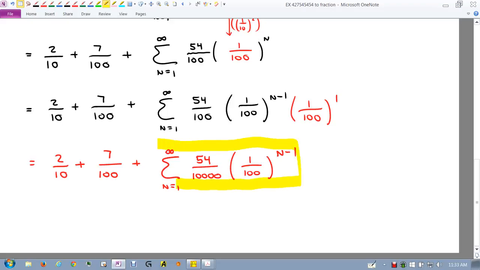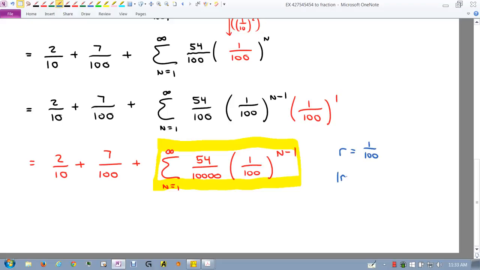That right there is a geometric series. It has the format sum n equals 1 to infinity of a r to the n minus 1. Does this series converge or diverge? It converges. Why? R, right? R here in this problem is 1/100th, right?